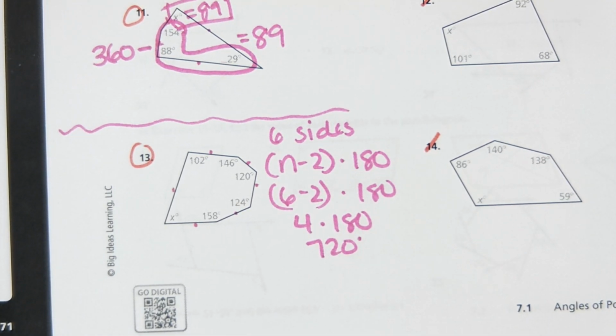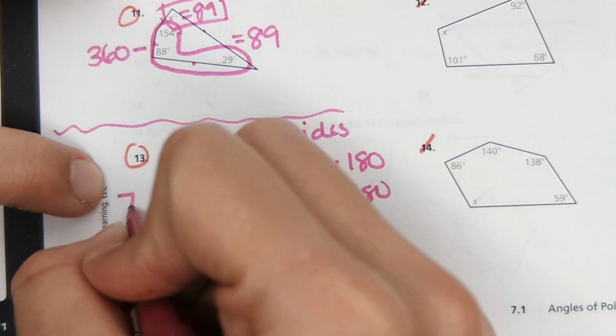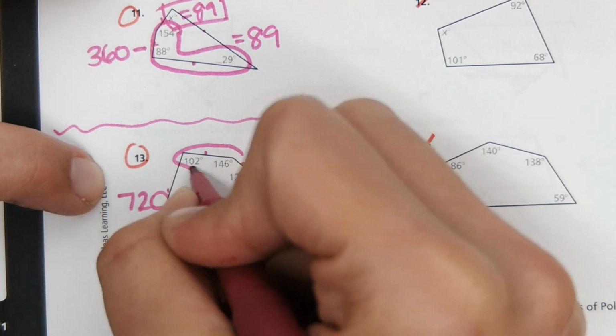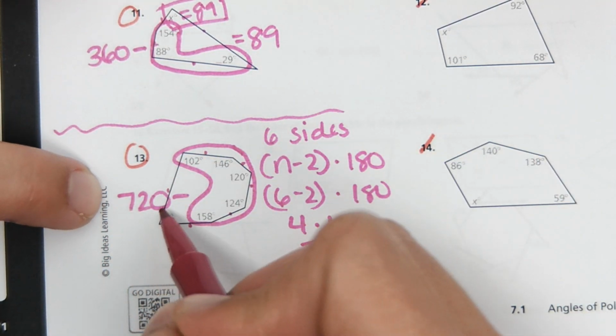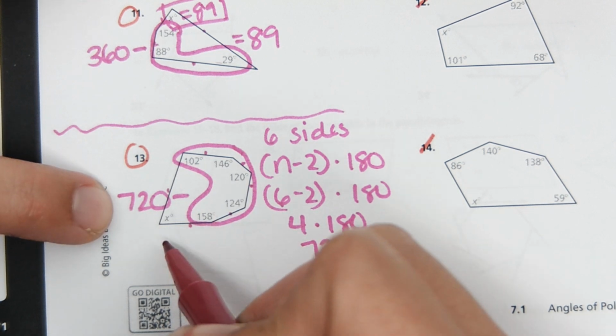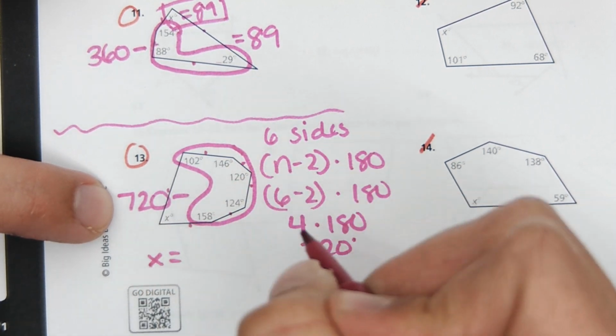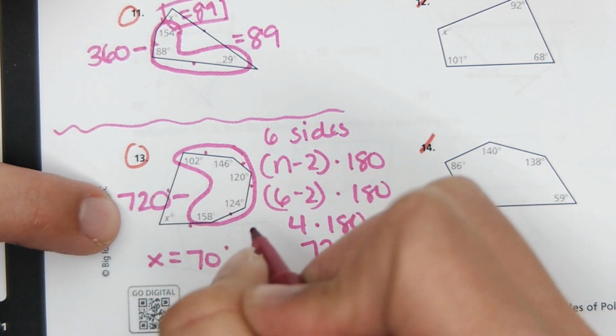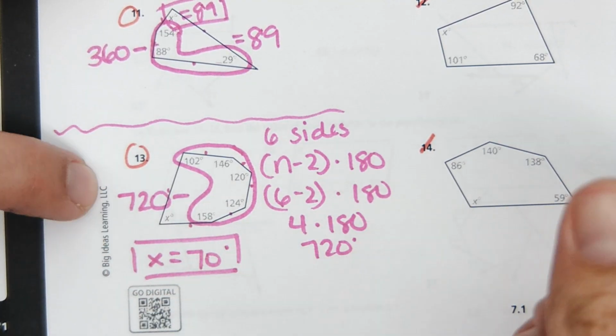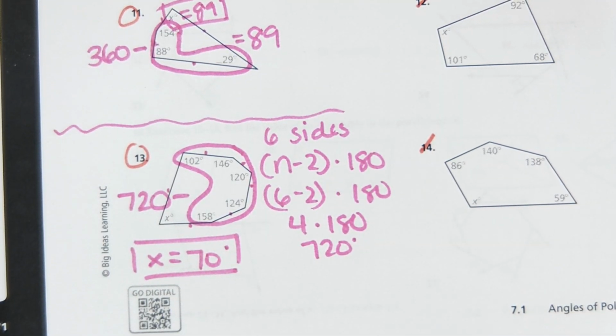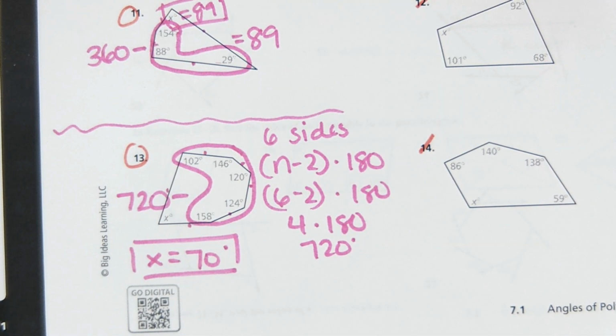Now that I know that, I can do 720 minus all these numbers in a calculator, and whatever I get out will be this x, and it comes out to 70 degrees. I'm trying to save some brain energy so we don't get too tired.